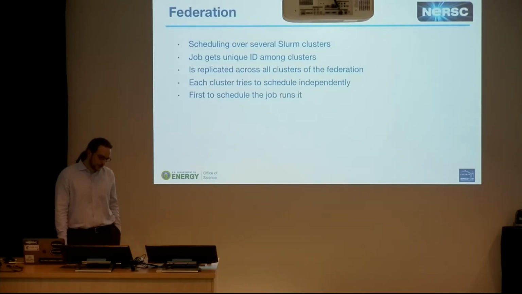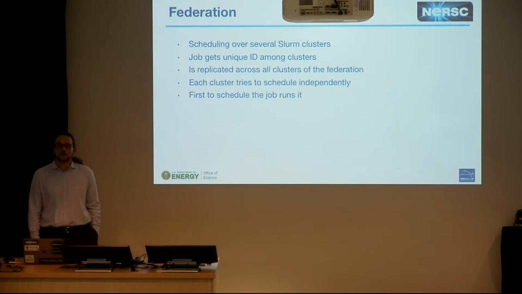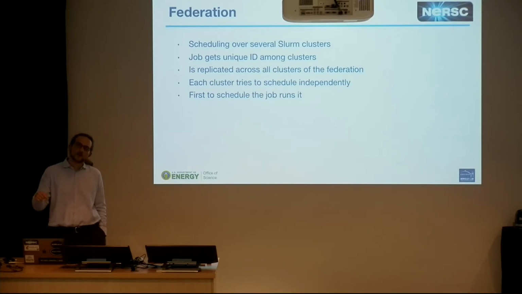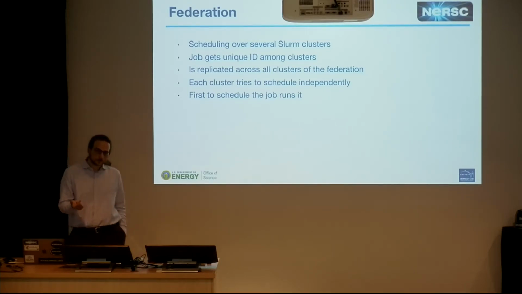So Slurm in the recent release, I think 17.11, can do federation, which means you can have several clusters and a job gets a unique ID on the cluster. When a user submits a job, it's replicated on all the controllers of the clusters, and each tries to schedule it independently, and the first one that can wins. There are some constraints there.